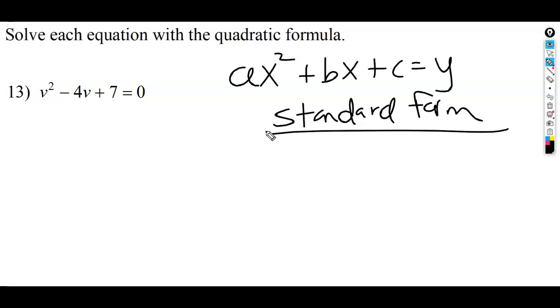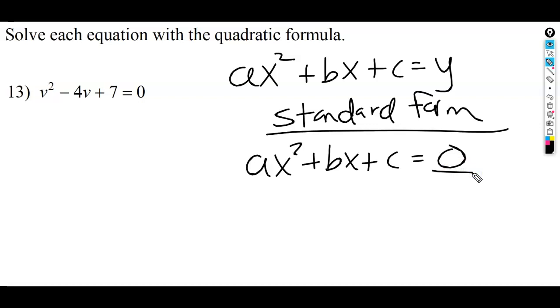Now, for standard form, if you ever let the y equal 0, what does that do for you? Well, what we're going to do is plug 0 in for y and solve for x. Now, what does that accomplish for us? Well, thinking about it in terms of a graph, when y equals 0, that means you're on the x-axis.